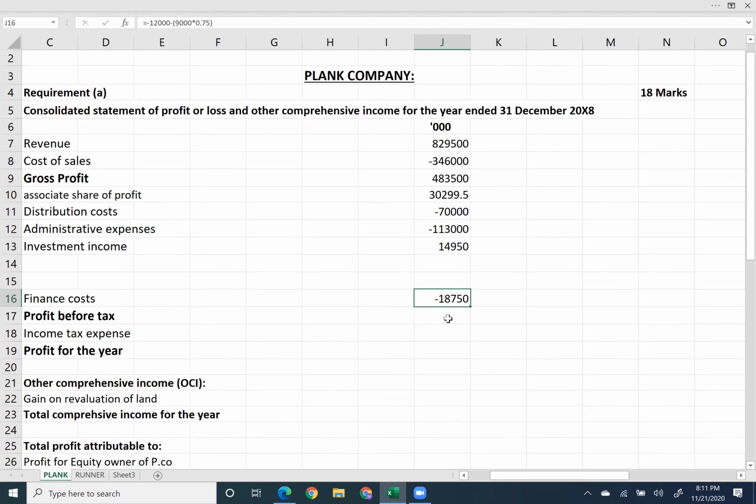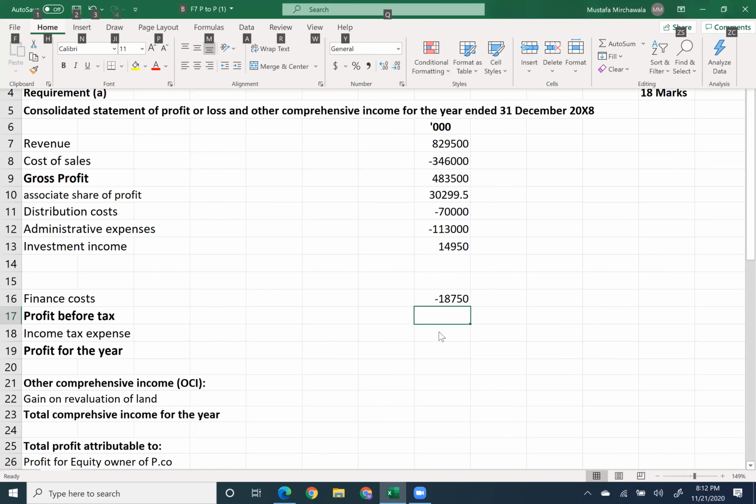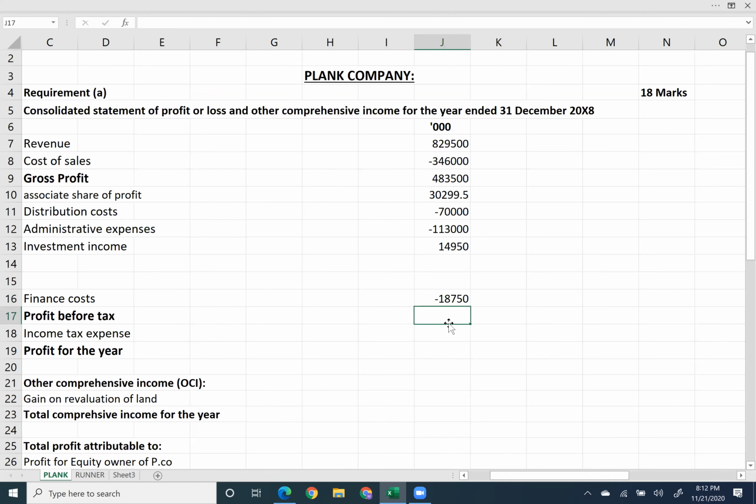Now let's simply calculate the profit before tax from GP. This is GP, and this is GP, and we have to add all these numbers.